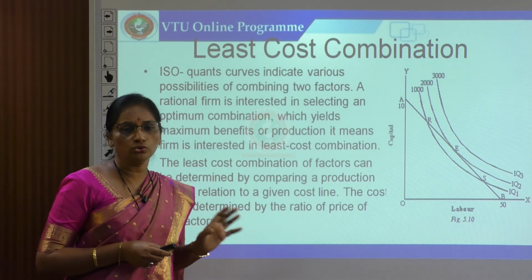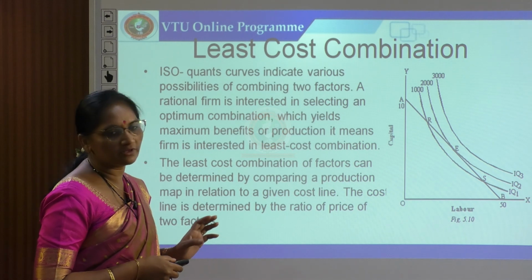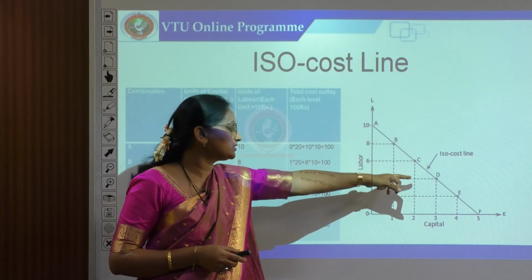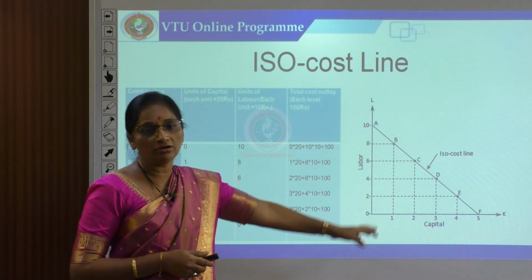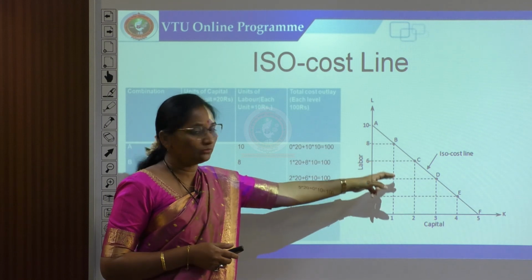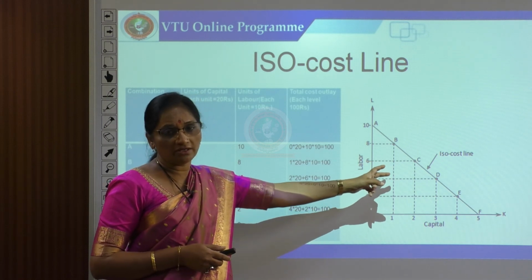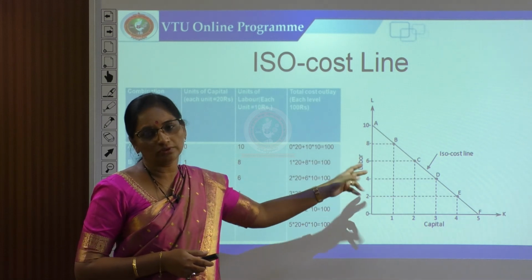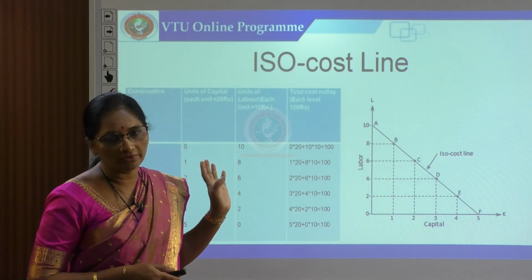When they choose the combination, they must be intelligent enough. They can go with the B, C, E and D combinations. All have the same level of cost, so they can go with any one of them.